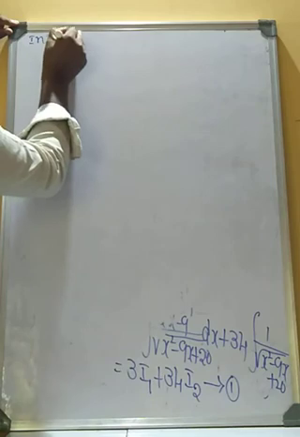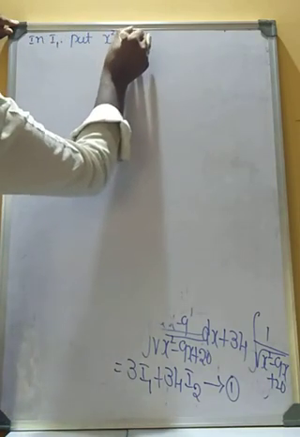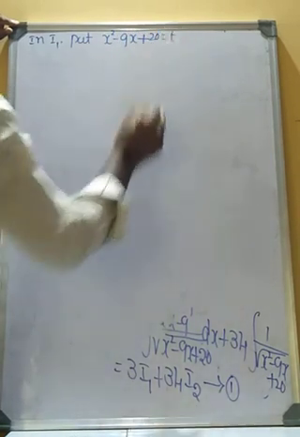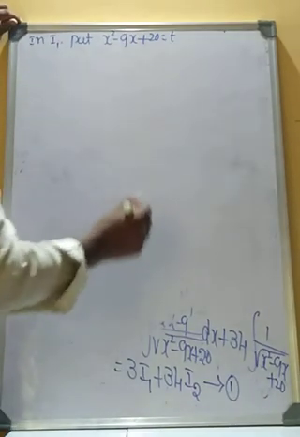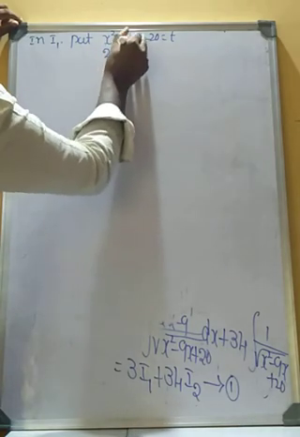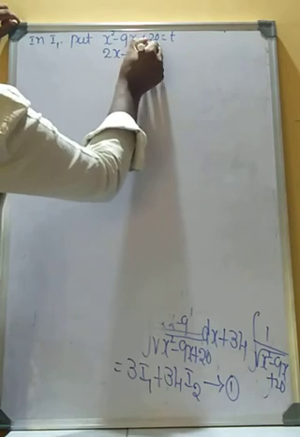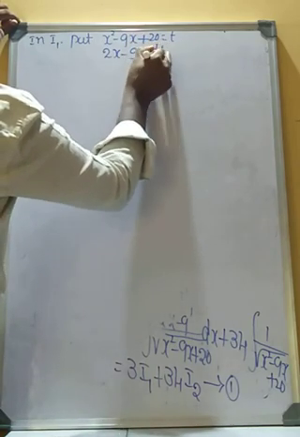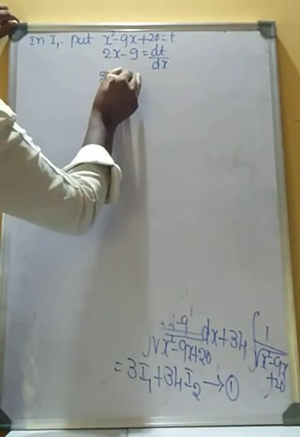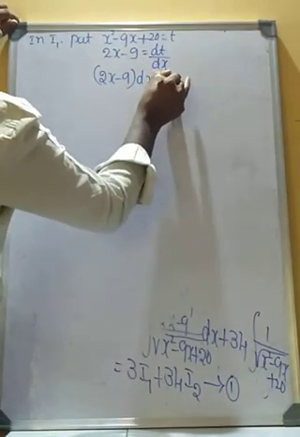In I1, put x square minus 9x plus 20 equal to t. Differentiate with respect to x: the derivative of x square is 2x, of 9x is 9, so minus 9, and of 20 is 0, equal to dt by dx. Therefore, 2x minus 9 into dx is equal to dt.